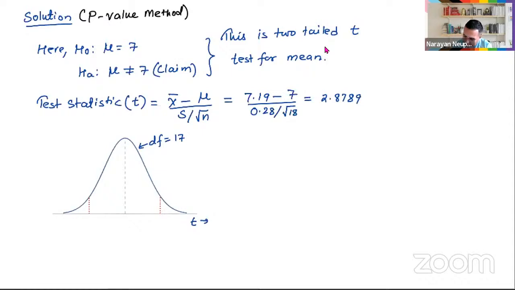The area on the left tail plus the right tail, the total area, is the p-value. So on each tail, you have half of the p-value. This is p divided by 2, and this is also p divided by 2. And the value that goes here where I'm pointing is the test statistic from step 2. So that value is 2.8789.